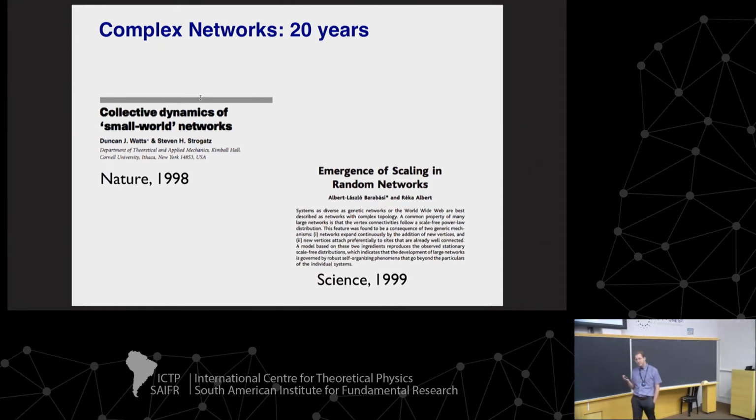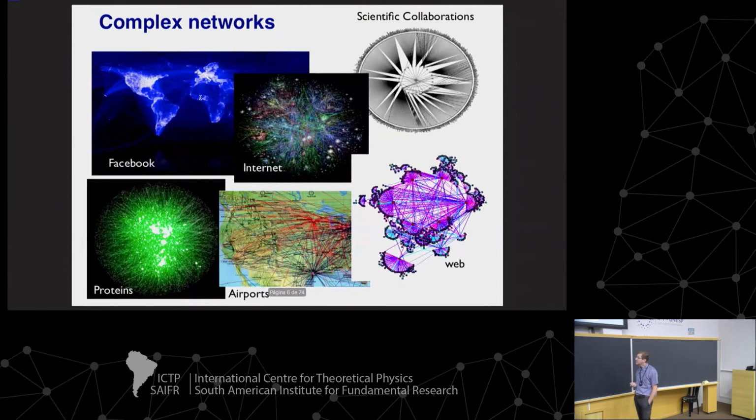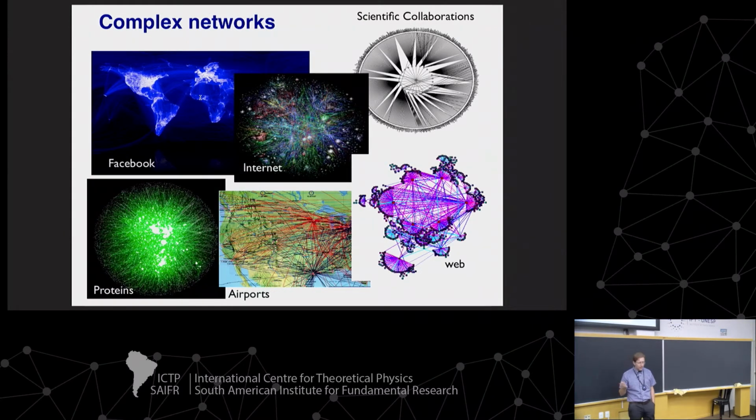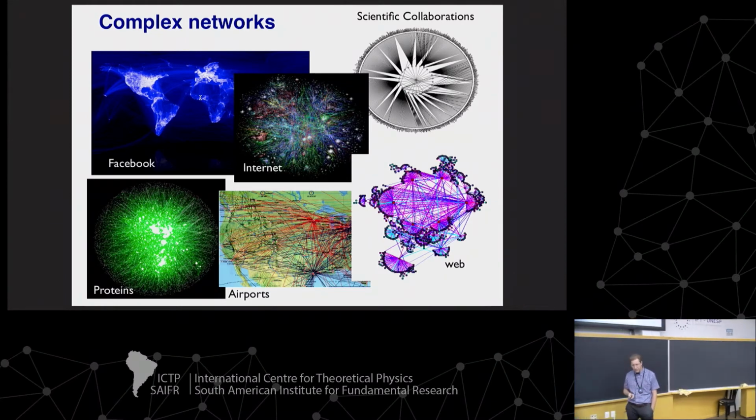You can say that this theory basically started 20 years ago, more or less, with these two papers, one published in Nature and one published in Science. And since then, networks have been applied in different areas. For instance, you can study Facebook, internet, proteins, airports, web, scientific collaboration, and many types of networks.